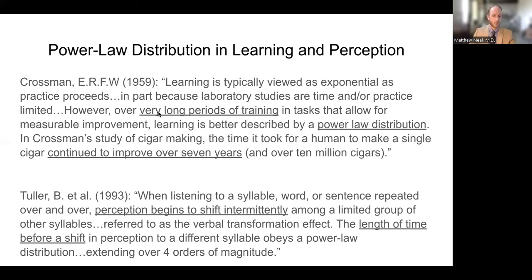But when you look over really long periods at tasks that allow for measurable improvement, learning is described better by a power law. So Crossman in 1959 studied cigar making, and he found that over 7 years, the time it took for a human to make a single cigar continued to improve.